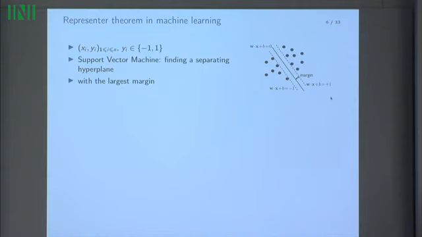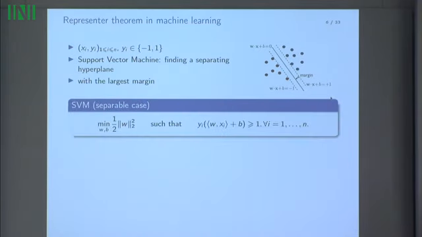Okay, so if you parameterize the hyperplane by some normal vector W, you can write this problem. You want to maximize the margin, or minimize the squared L2 norm of W, under the constraint that you classify everybody well, such that the blue points are on the right and the red points are on the left.